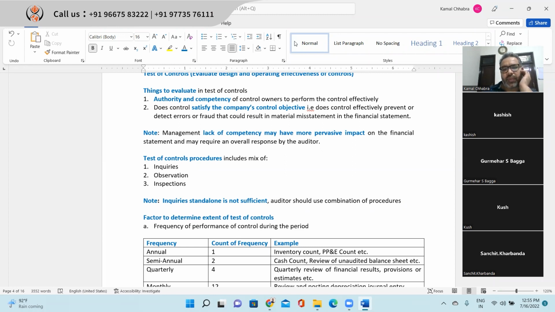Management's lack of competency may have a more pervasive impact on the financial statements and may require an overall response by the auditor. If, for example, you have appointed a controller who is not a CPA and does not have an accounting background, he is from sales. He might not understand debit and credit well. He might not understand costing concepts well.